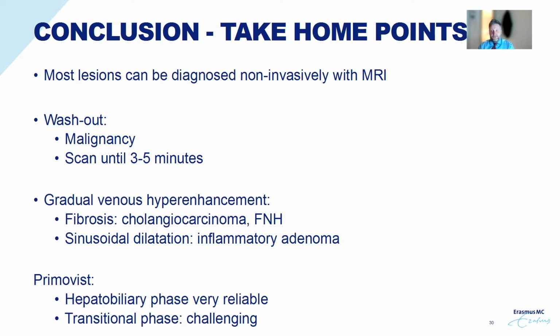Fibrosis is a typical aspect of cholangiocarcinoma and scar tissue in FNH. Sinusoidal dilatation is, on the other hand, a typical sign for inflammatory adenoma. And last, Primovist is a very helpful tool in liver MRI, especially due to the very reliable hepatobiliary phase. The transitional phase, on the other hand, can be challenging. Thank you for your attention.